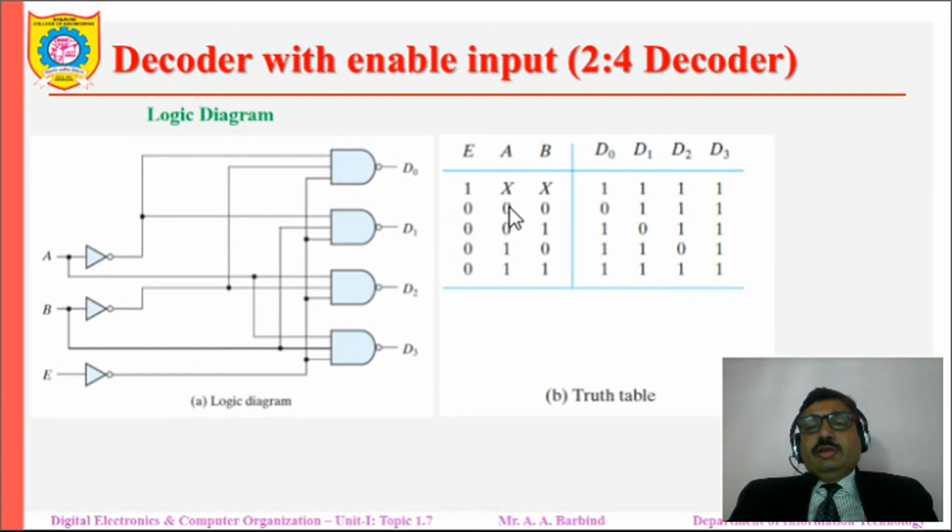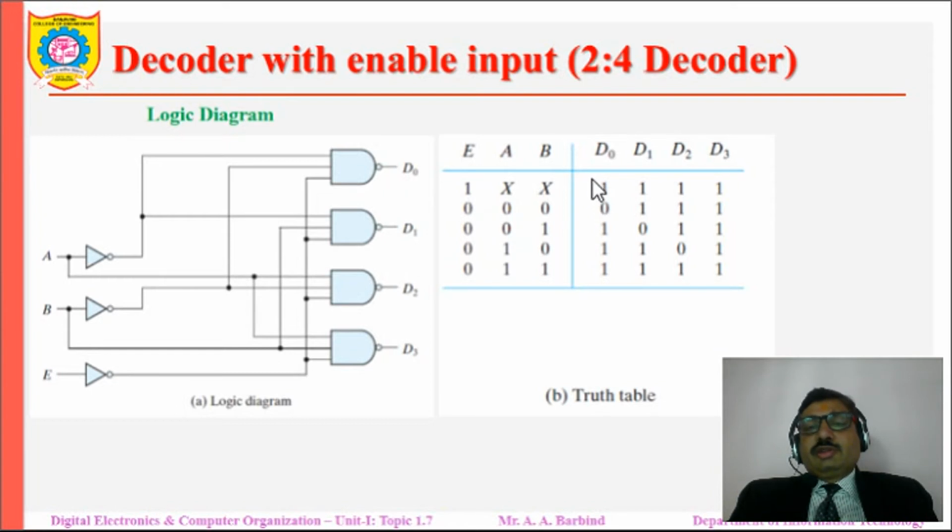So here A and B will be effective if the input E is enabled. So E input, when it is 0, it is active low, the enable input is active low. That means when E is 0, the decoder is enabled. When E is 1, the decoder is disabled.